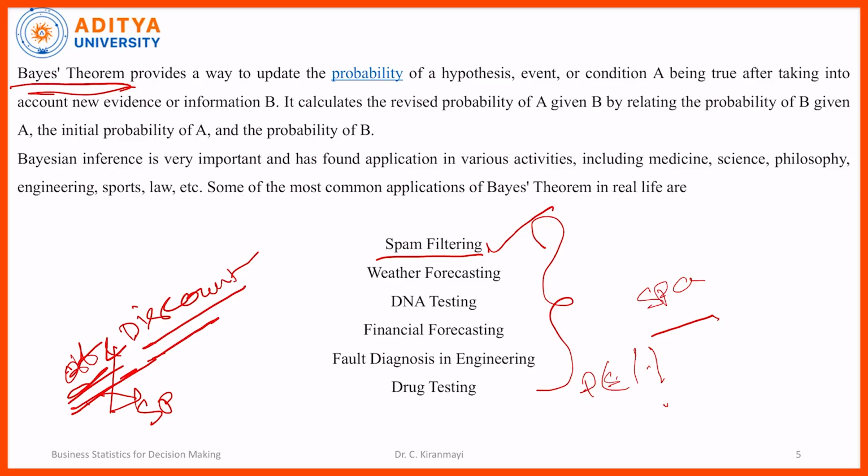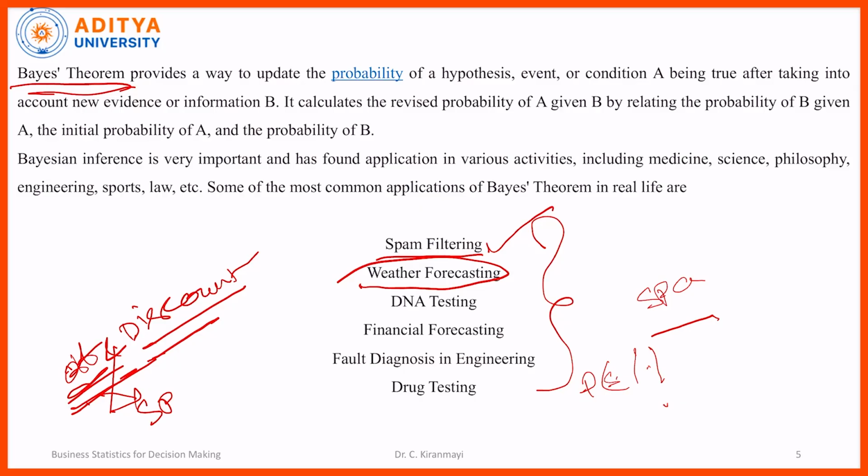So, this is how in real time we can make use of Bayes theorem in filtering mails as spam and non-spam. Likewise, even in weather forecasting we can make use of Bayes theorem. For example, we have different kinds of weather conditions.